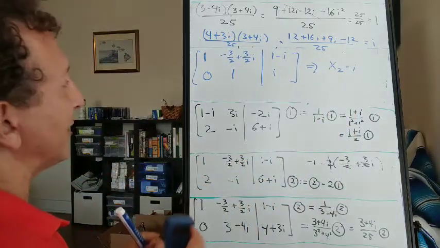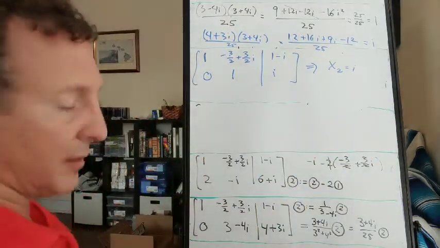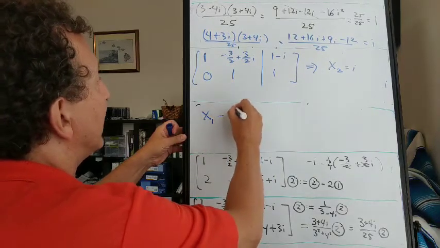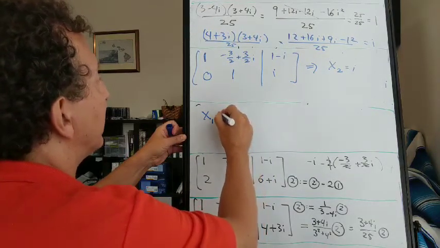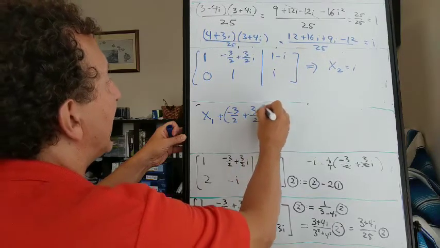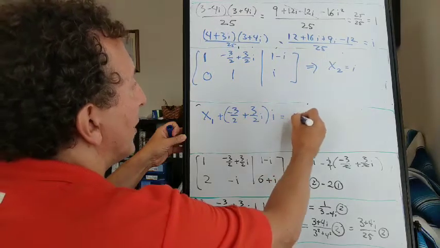And then if we plug that into the first equation, the first equation is now x1 plus minus 3 halves plus 3 halves i times x2, which is i, equals 1 minus i.